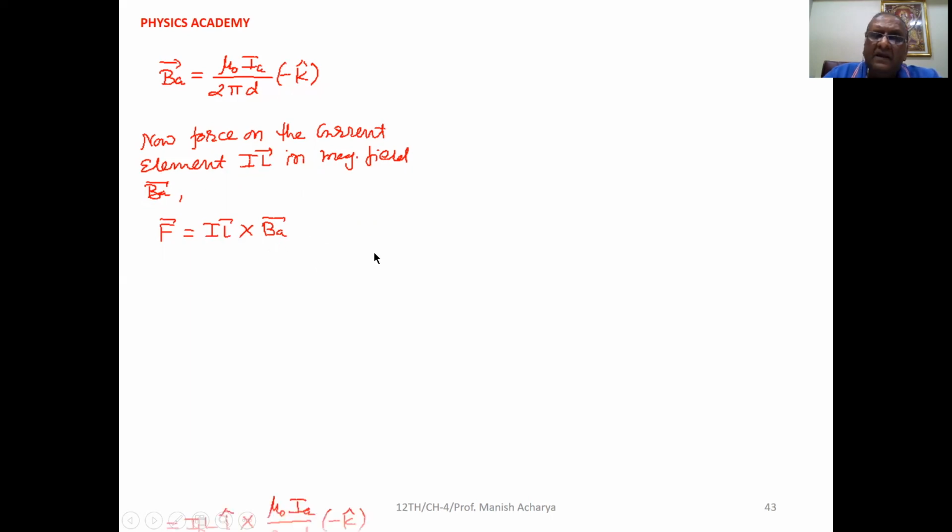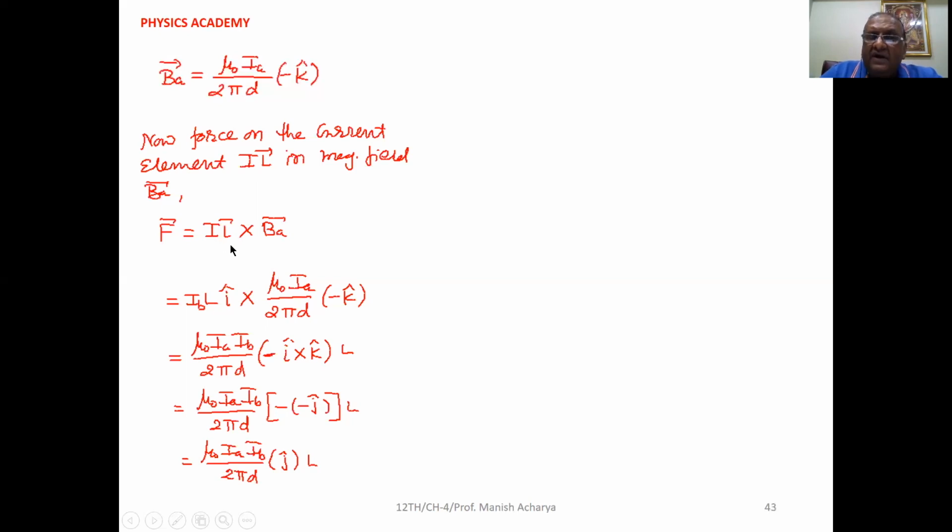Okay. Now, IL, that is in X direction, and your BA, that is in the vector form, this one. So substitute here IL, which is in X direction, that is I caret, cross mu 0 IA upon 2 pi D into minus K caret.